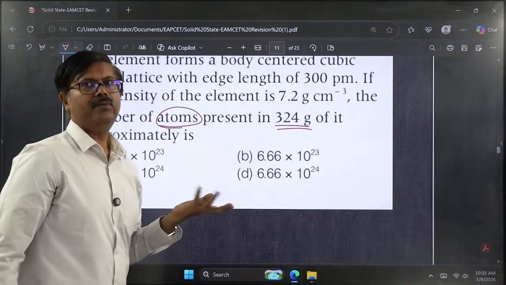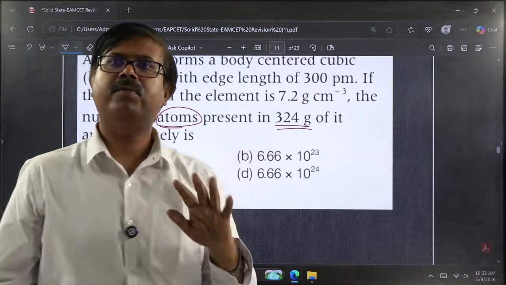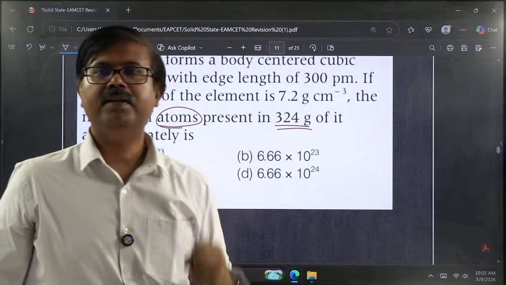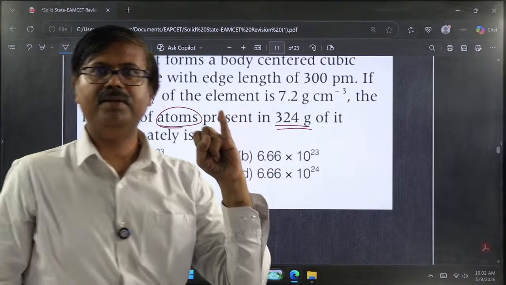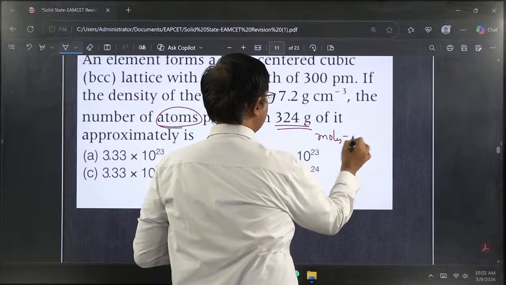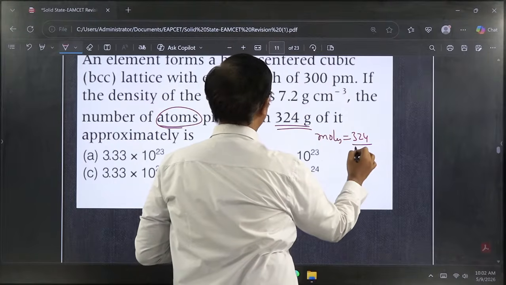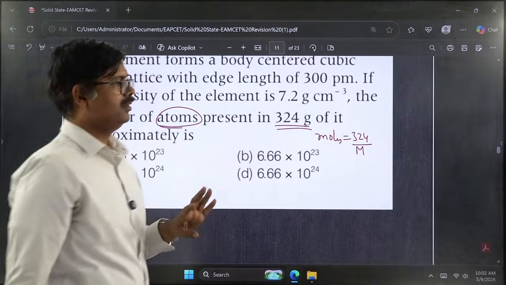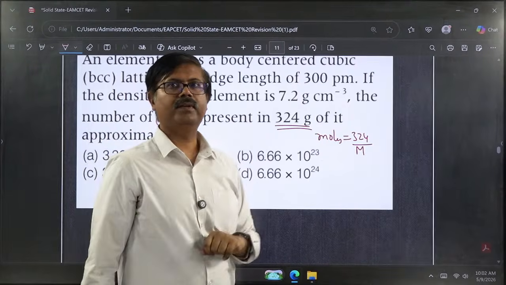In stoichiometry, mole concept, if such a problem is asked, what we will do if you have to find the number of atoms in certain grams? First, convert this mass into moles, by the molecular weight or molar mass. This is the moles.